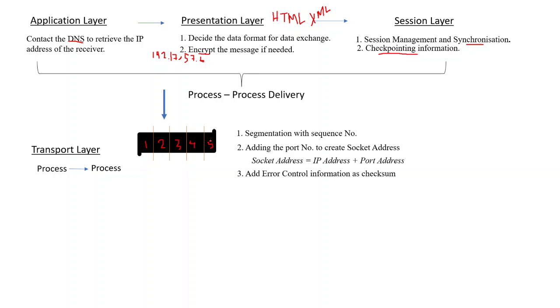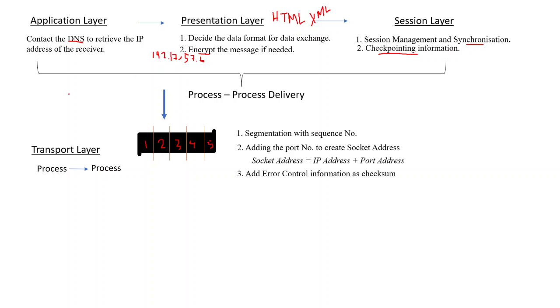So the transport layer needs to know where or to whom to forward this packet. For that reason, it uses something known as a port number.